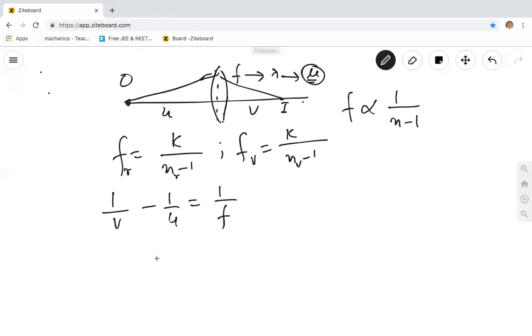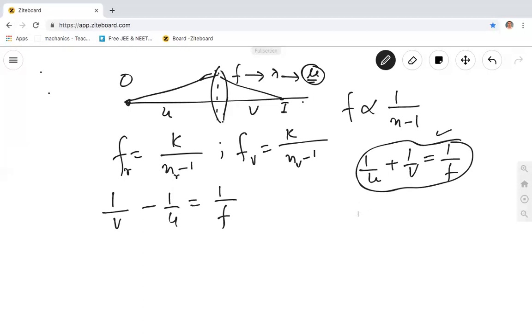Now, it's minus, yes, it is negative for lenses. Do you use the plus formula, 1 by u plus 1 by v is equal to 1 by f, for lenses also? Both are valid.